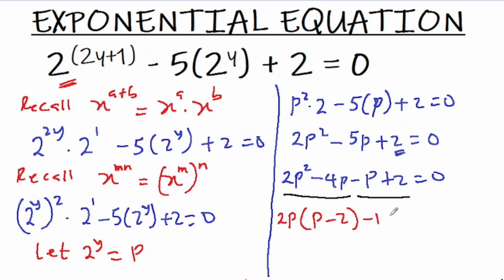So we have negative 1 here, open the bracket, negative p divided by negative 1 is p, and 2 divided by negative 1 is negative 2. Everything is equal to 0.